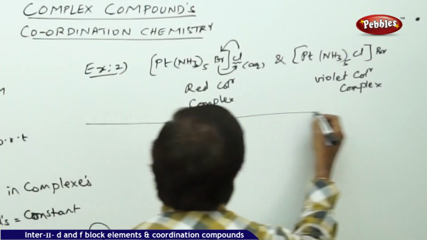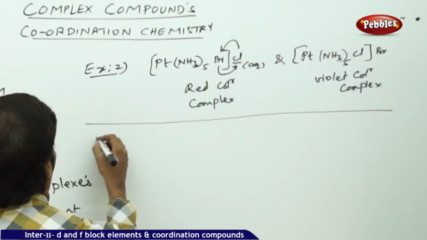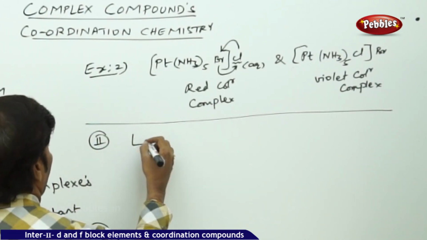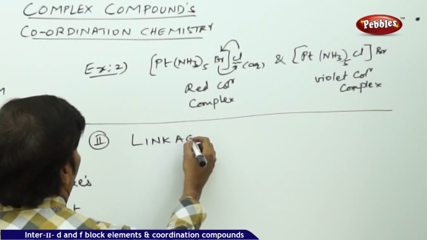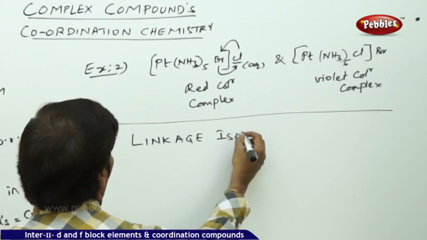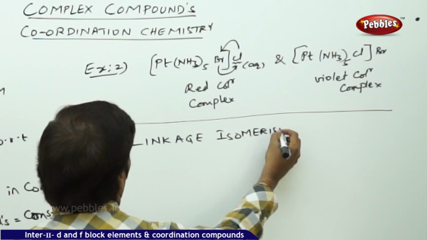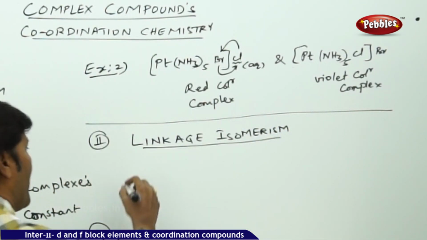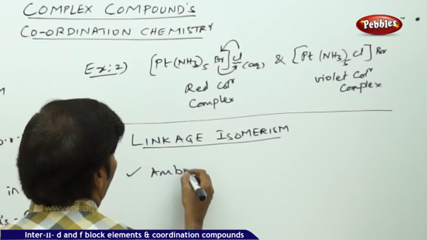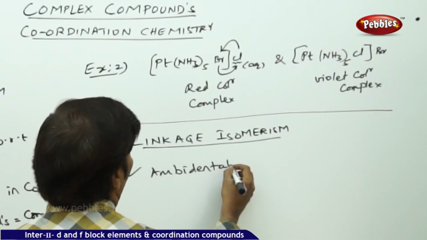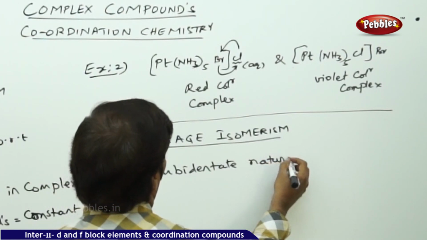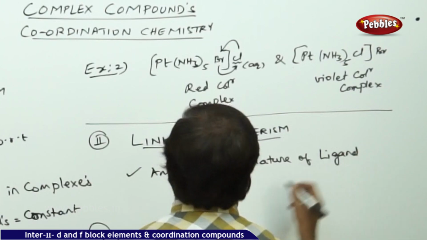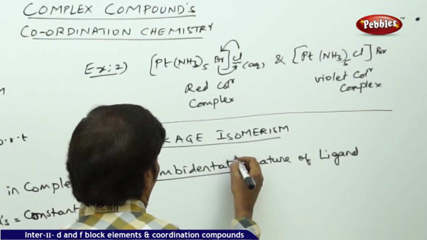Now let us go for the next case, the second one, that is linkage isomerism. Linkage isomerism is due to the ambidentate nature of the ligand. What do you mean by ambidentate nature?